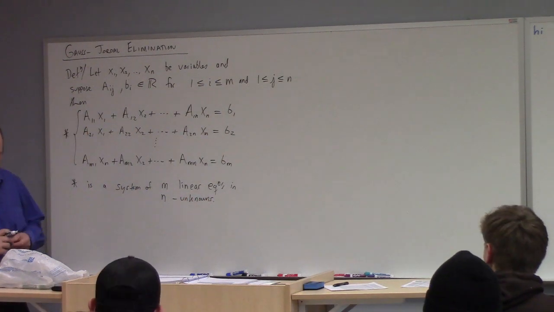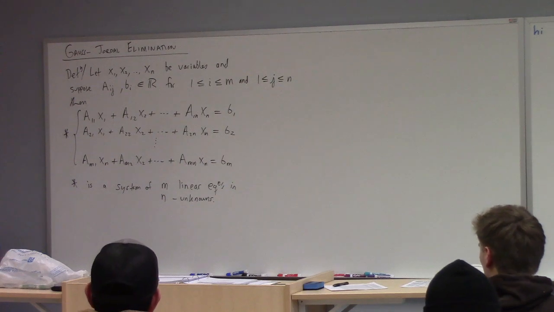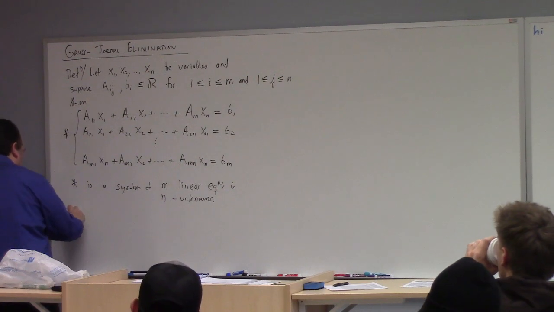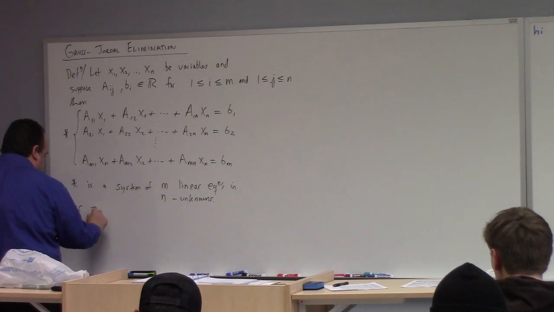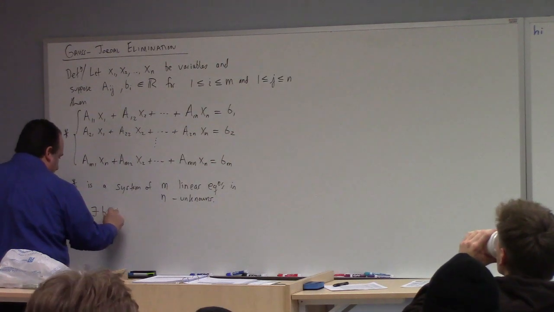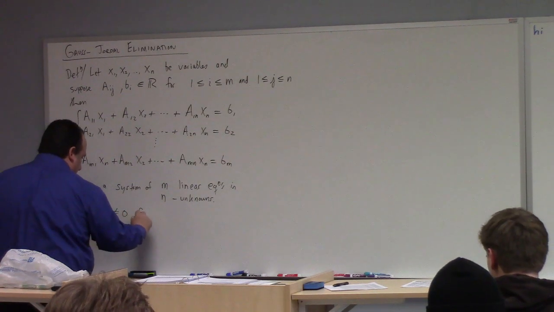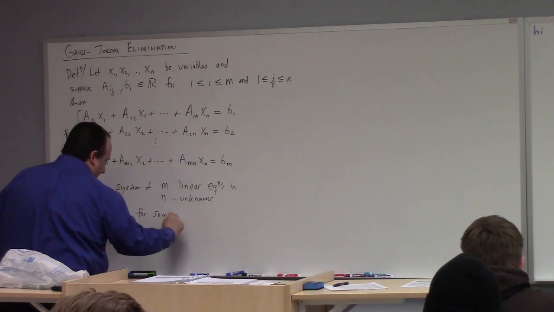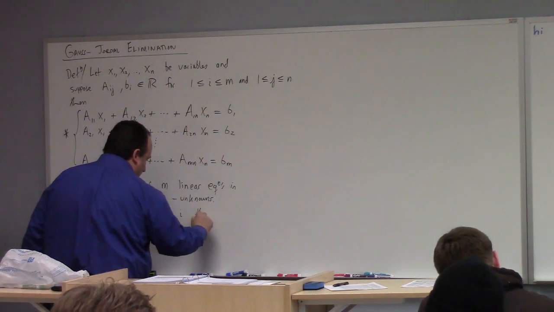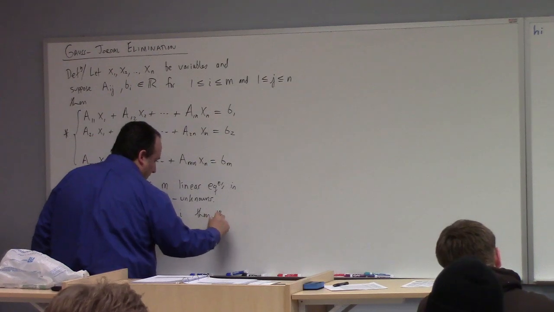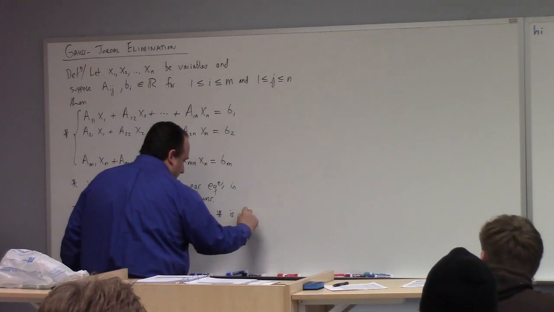All right. Now, if there exists b_i not equal to 0 for some i, then star is non-homogeneous.